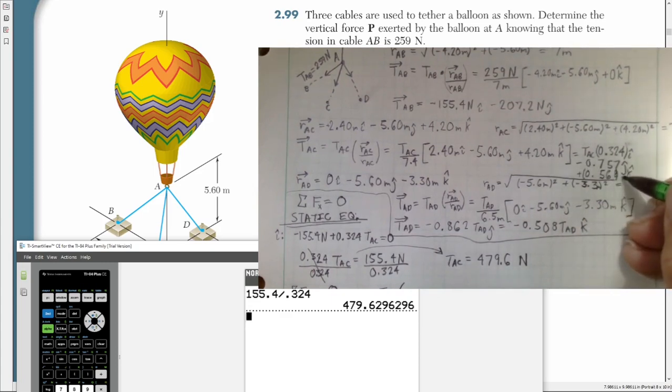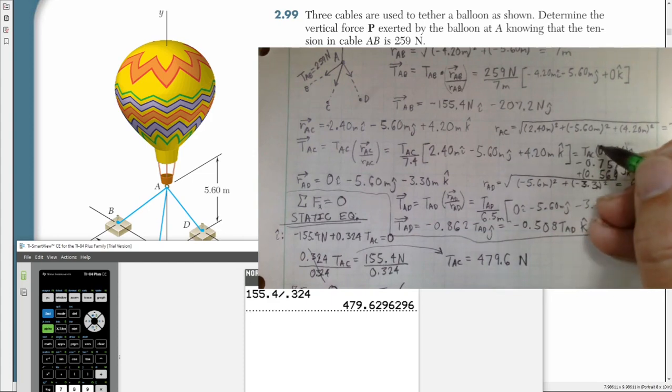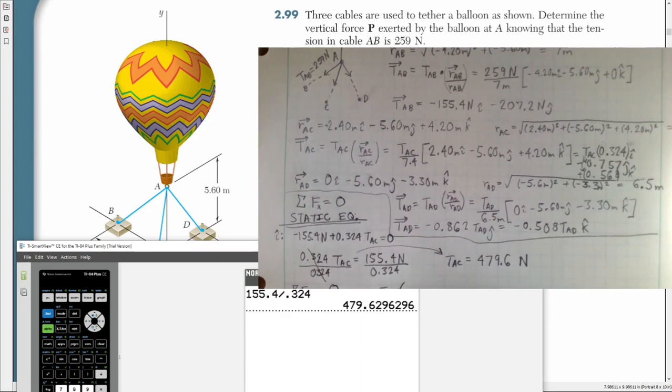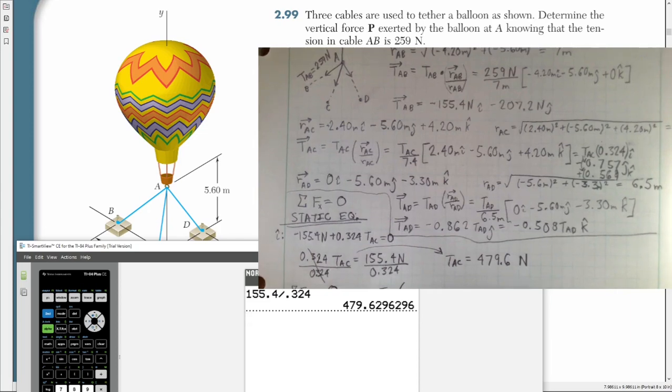So tension AC, let's put this in a big parentheses, is multiplied, remember, by this value and by this value. So it would be plus 0.568 tension AC in the k direction, and then we know this value. This is 479.6, so we can substitute that in as well.